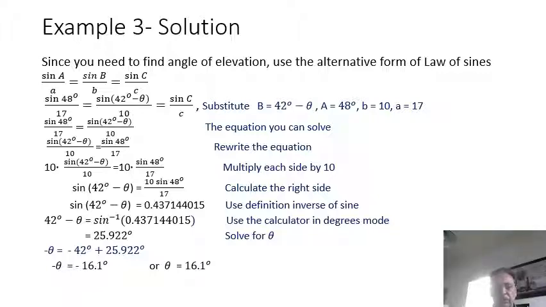Okay, now take the first two ratios and write the equation: sine 48 degrees over 17 equals sine of 42 degrees minus theta over 10. Now solve for theta. I think we need to rewrite this equation, so it should look like this: sine of 42 degrees minus theta over 10 equals sine 48 degrees over 17.